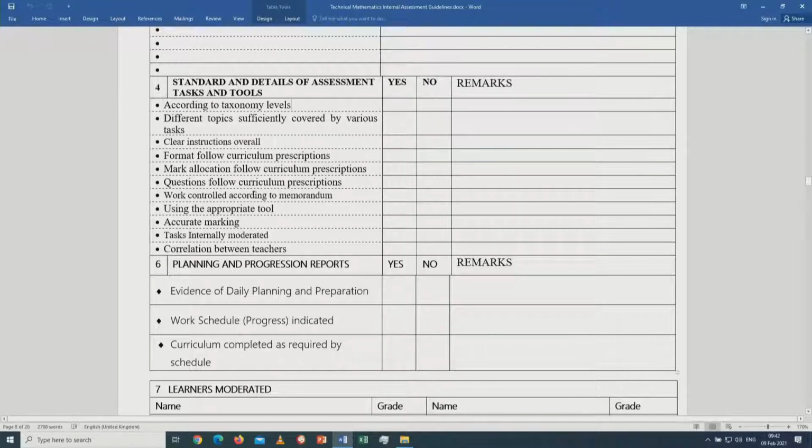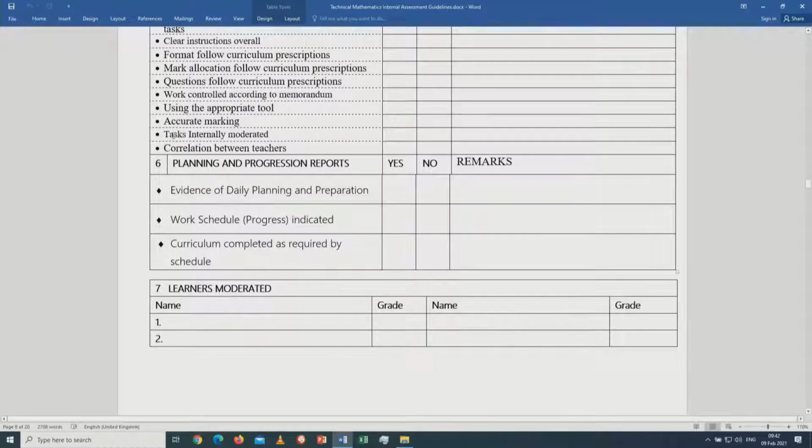And you keep the reports of the moderation of the tasks, whether it was accepted or whether it was not accepted, and there has to be areas of improvement on the tasks that must be recorded, must be archived. Have it in your file that I moderated these tasks, I approved it, or I did not approve it. Provide reasons for not approving the paper.